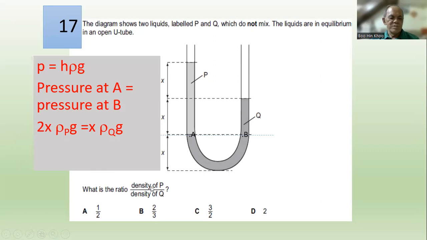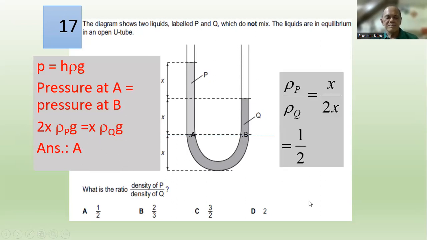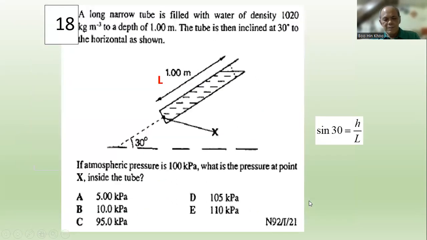Then take the ratio, density of P to density of Q. So we get half.